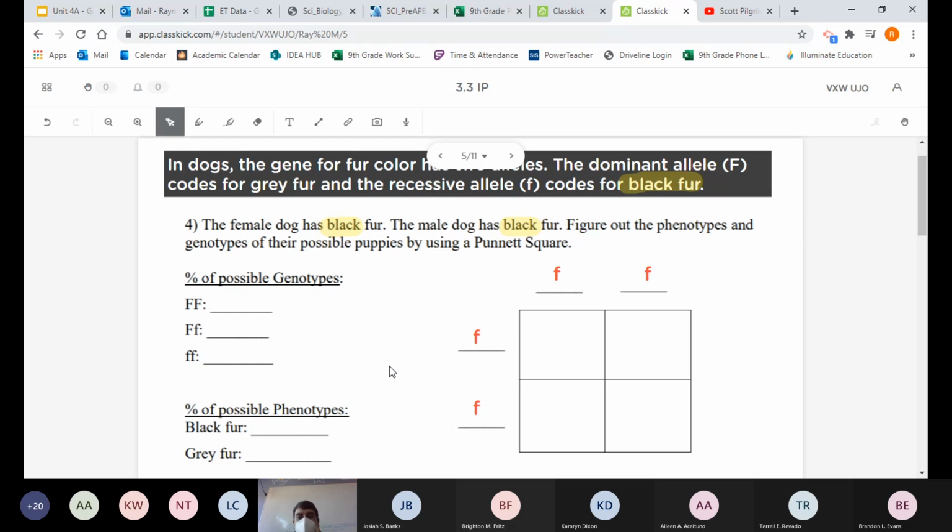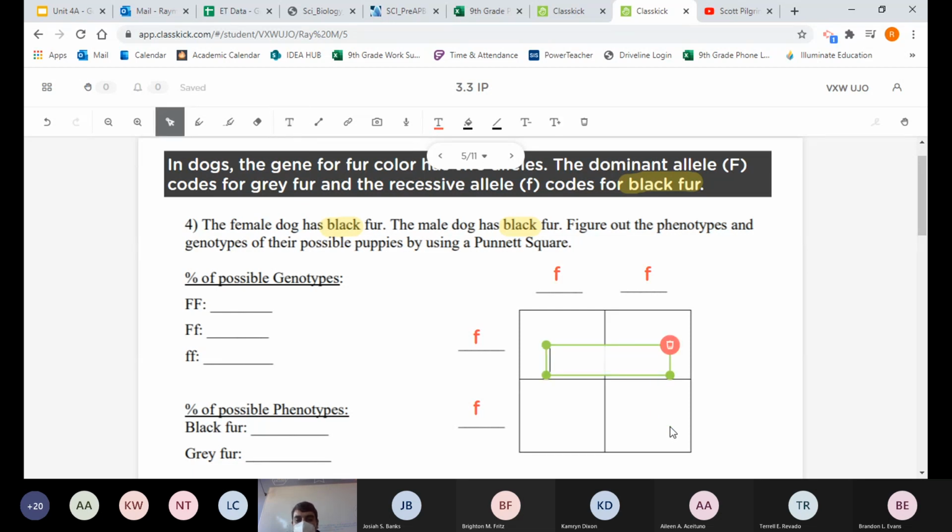So here's what you should have for the parent genotypes. We're told that both the female and male dog have black fur. That means that both of them are going to be homozygous recessive. So you got two little f's, two little f's. Then you go through here and do your crosses.